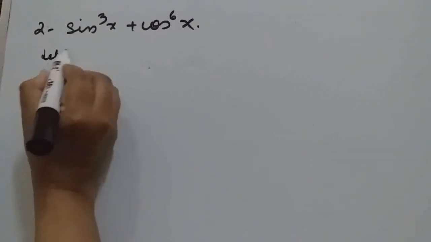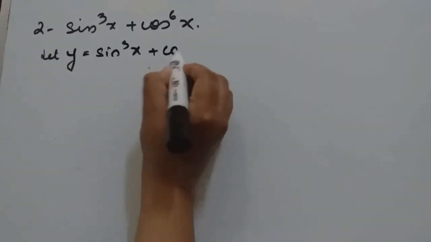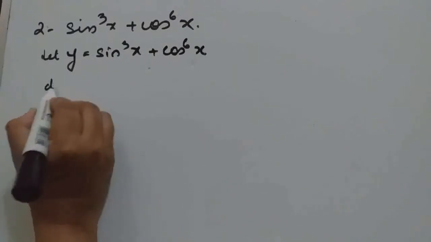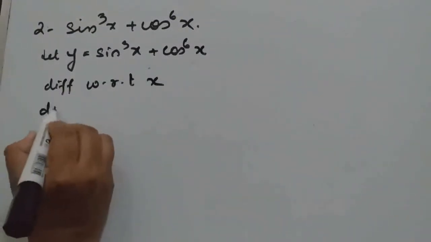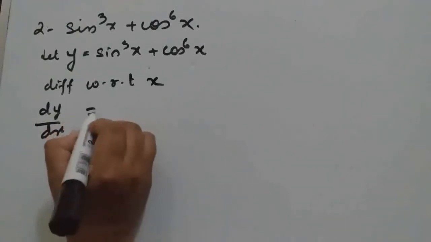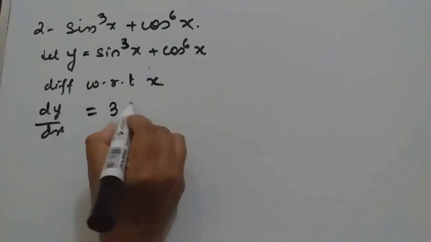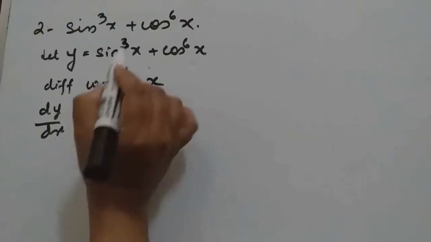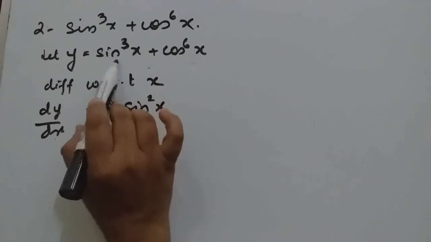Let y is equal to sin³x + cos^6 x. Differentiate with respect to x. So dy/dx. Here also separately we should apply the power rule. So 3 sin²x, isn't it? Because sin x is instead of x. So this will be a composite function.